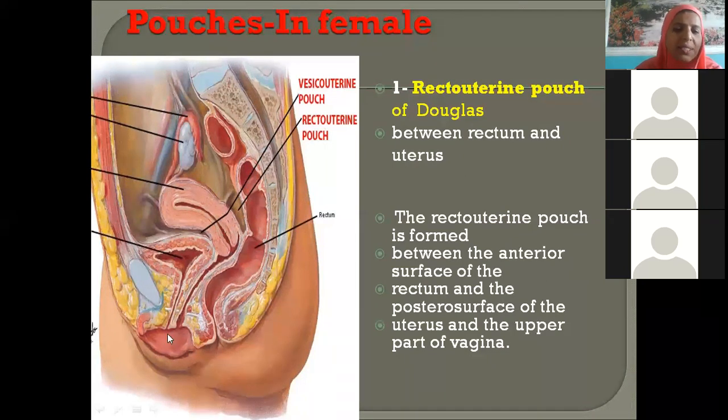So in such cases, it is very dangerous to undertake per vaginal examination.